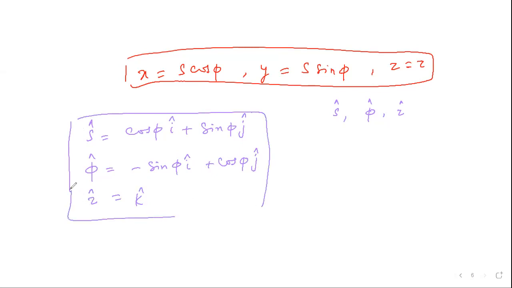This is how we express these three unit vectors in terms of Cartesian unit vectors. I repeat, S cap is cos phi I cap plus sin phi J cap. Phi cap is minus sin phi I cap plus cos phi J cap. Z cap is the same as K cap.